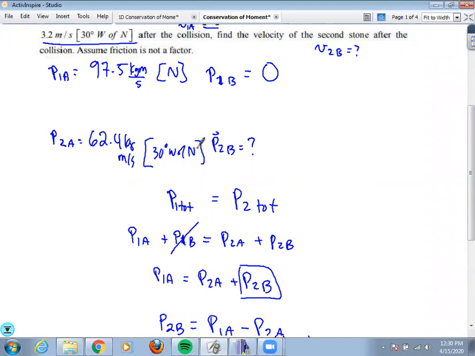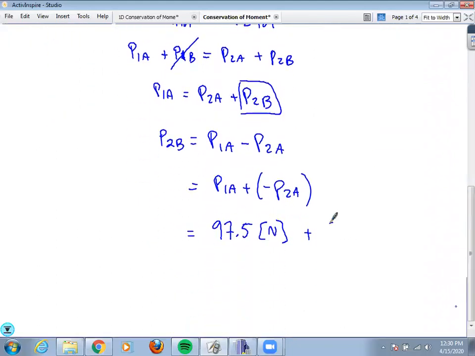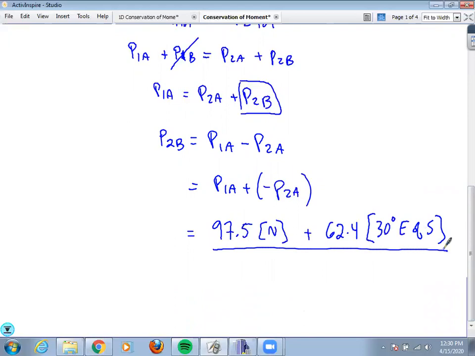The opposite would be 30 degrees east of south. 62.4, 30 degrees east of south. So now that gives us a way to set up adding these vectors to get P2B.